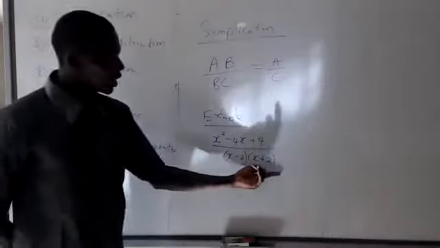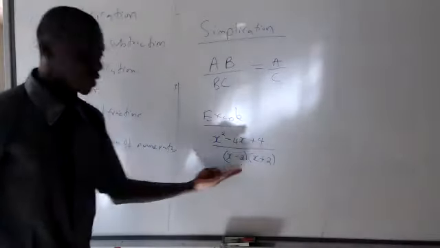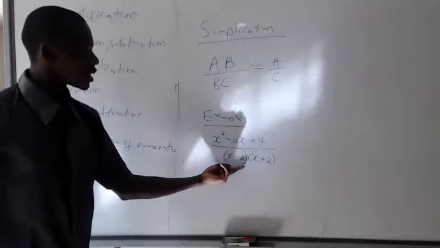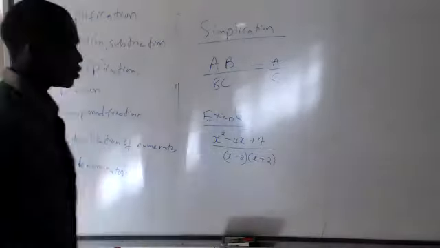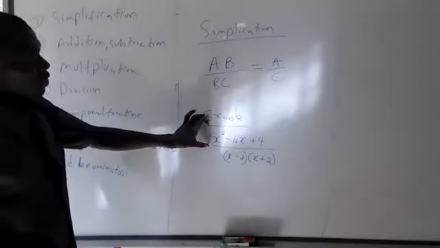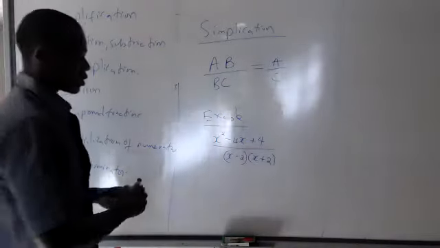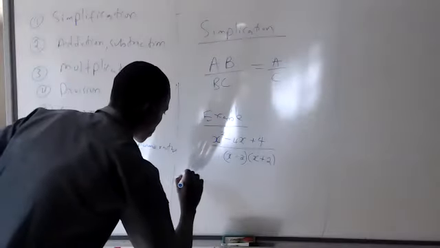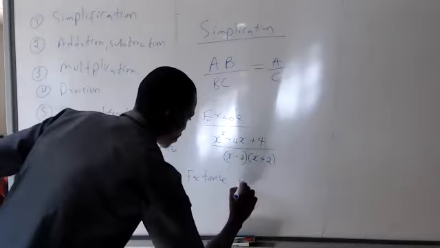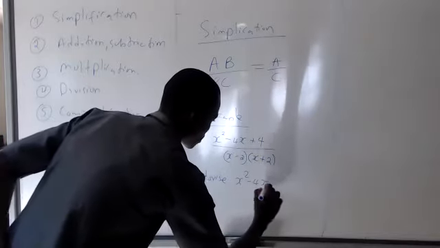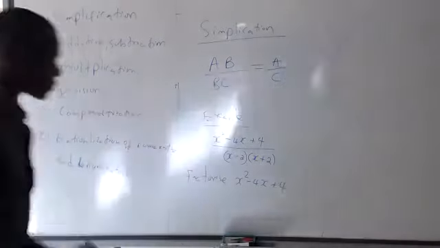In this case, we are lucky: the denominator has been factored already. You cannot factorize x minus 2 and x plus 2, at least in the real line. Maybe in the complex plane you could. But we can factorize the numerator. So the first stage is to factorize the numerator, x squared minus 4x plus 4.